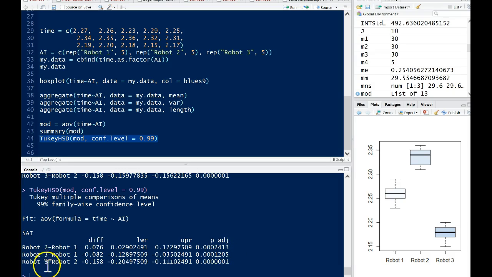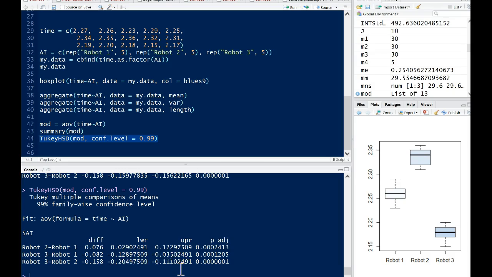And then the difference between robot 3 and robot 2 is the largest difference, and that is 0.158, which we can see should be the biggest difference if we look between robot 2 and robot 3. It has an average difference of 0.158 minutes. So robot 3 is 0.158 minutes faster than robot 2, with a confidence interval that spans from 0.2049 to 0.111.